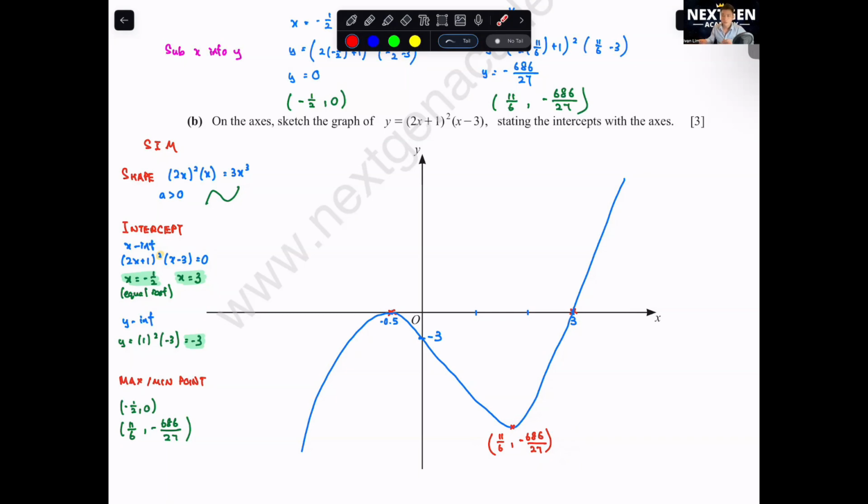If the x, y intercept and positive x value is too close, what do you mean? It's too close.